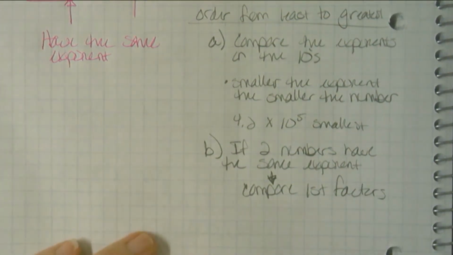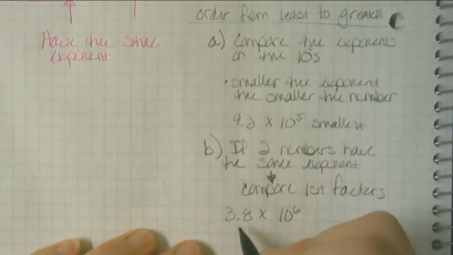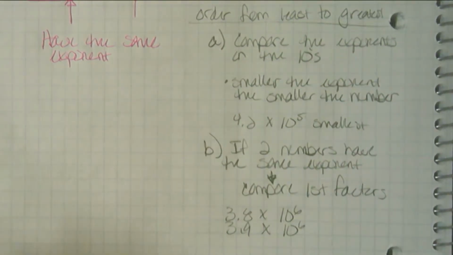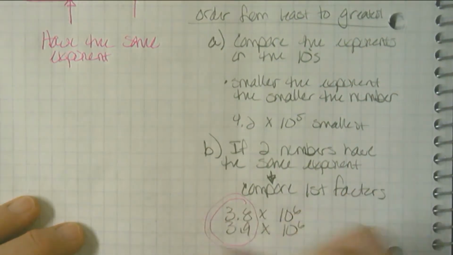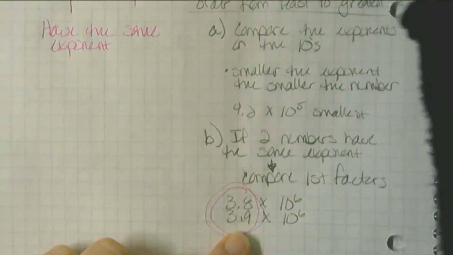So I have 3.8 times 10 to the 6th, and I have 3.9 times 10 to the 6th. So I need to compare these two first factors. Which one of them is smaller?